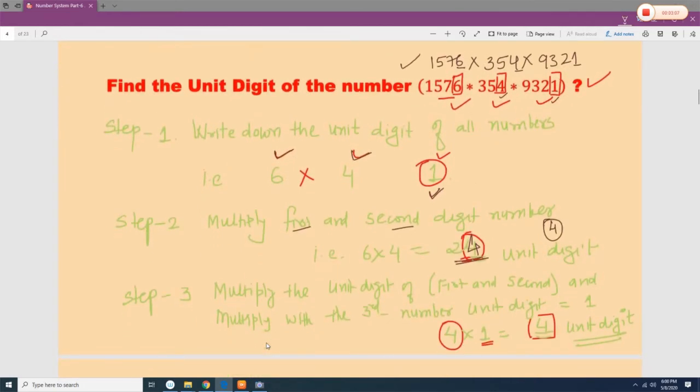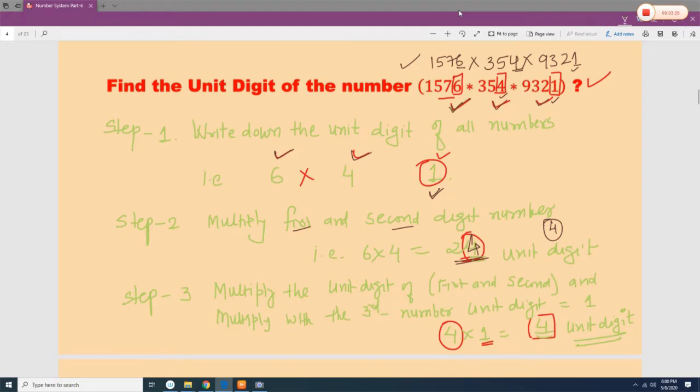Now the second question is 1576 multiplied by 354 multiplied by 9321. If you look at these numbers, the unit digit here will be 6, here the unit digit will be 4, and here the unit digit will be 1. Whenever numbers are given in multiplication, you have to write down the unit digit of each at one side.